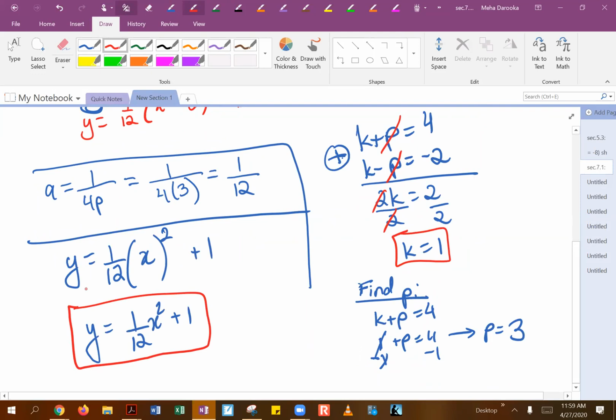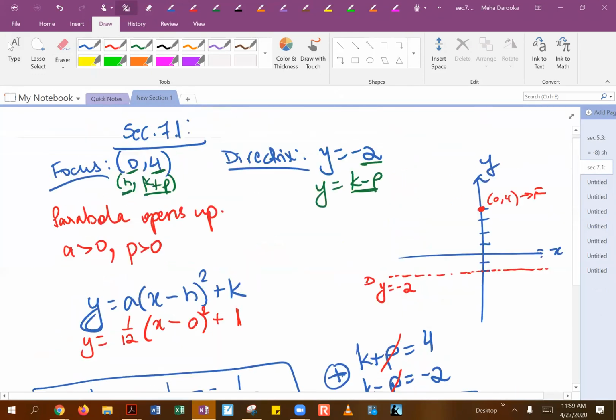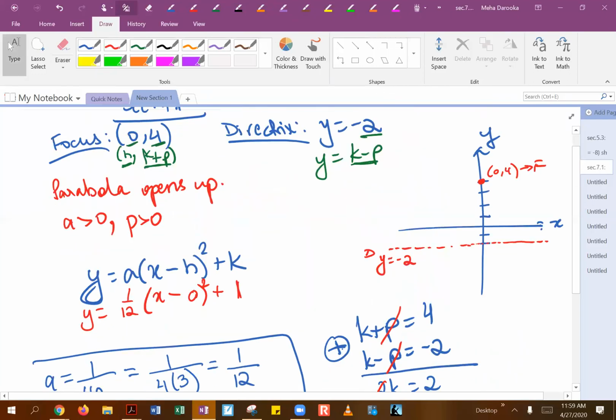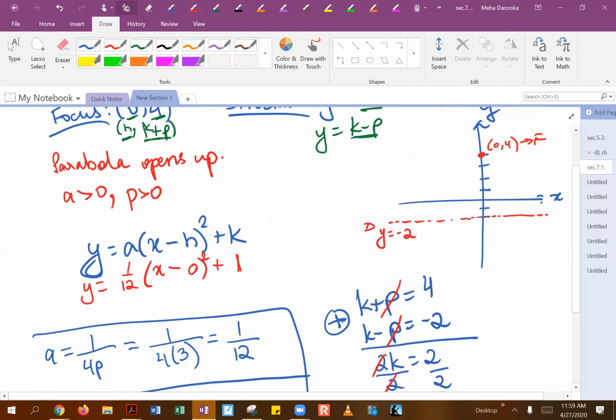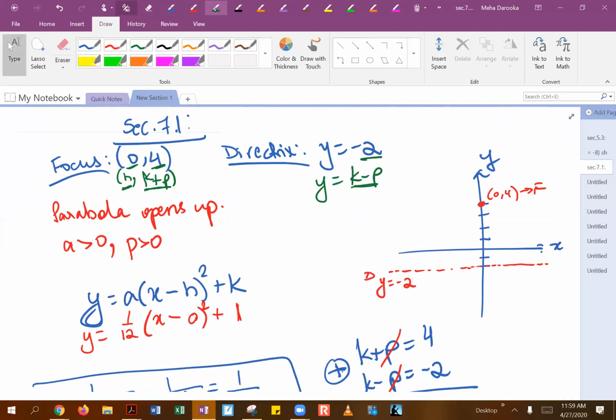Before I go into our MyMathLab and type the answer, there is one thing I wanted to talk about. To find what our p-value is, the other thing you could have done is use this distance between the focus and the directrix. We know halfway between that is where our vertex has to be. So this is a total distance of 6 units.